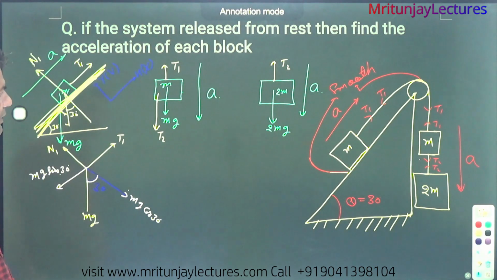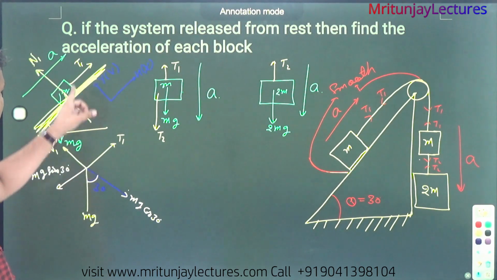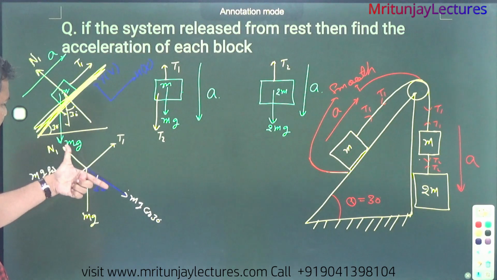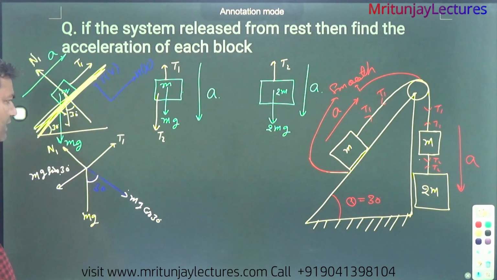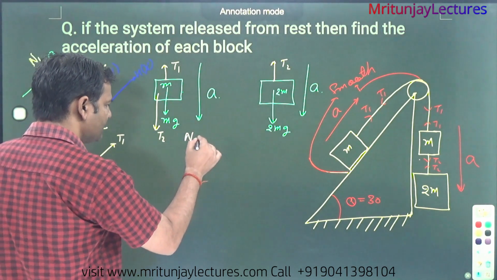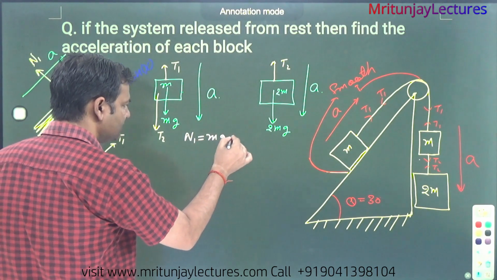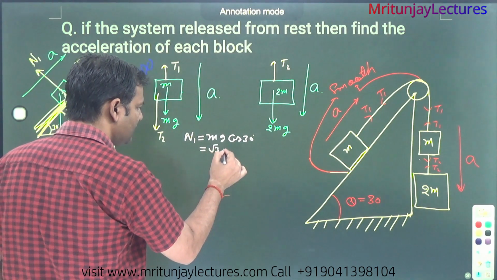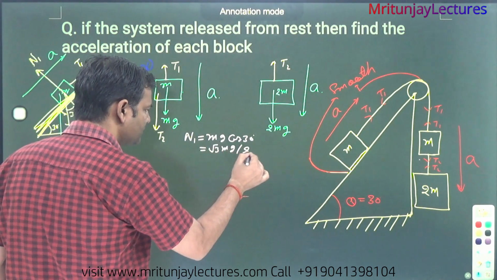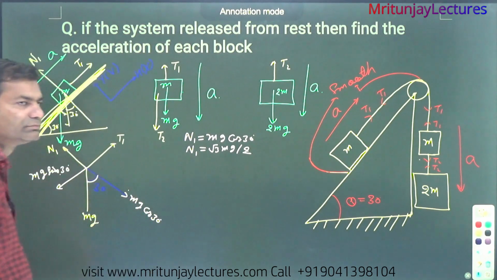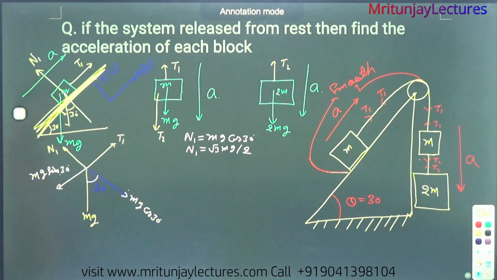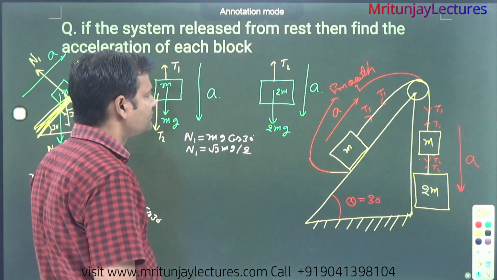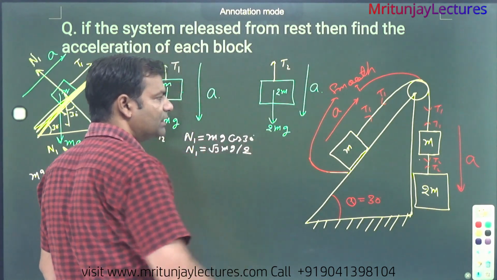In the Y direction net force is 0. It means N1 is equal to Mg cos 30, so it is written as root 3 M into G divided by 2. That is N1.